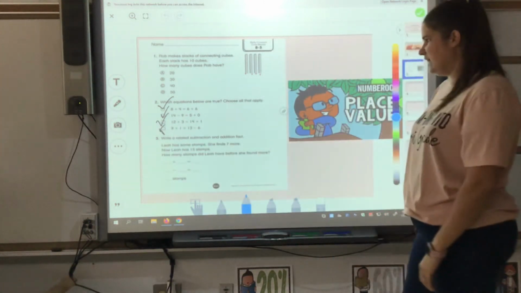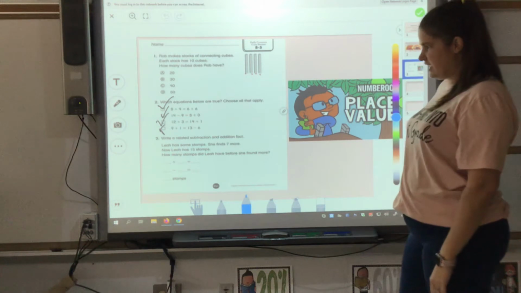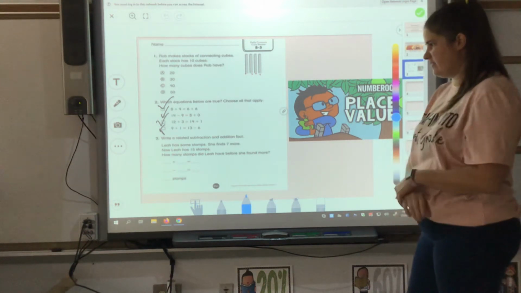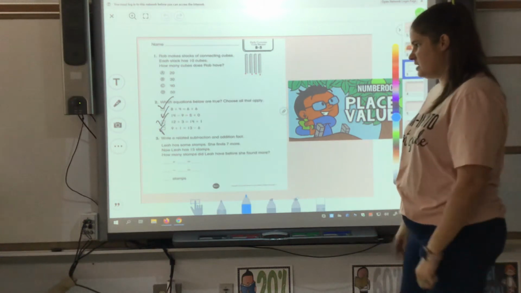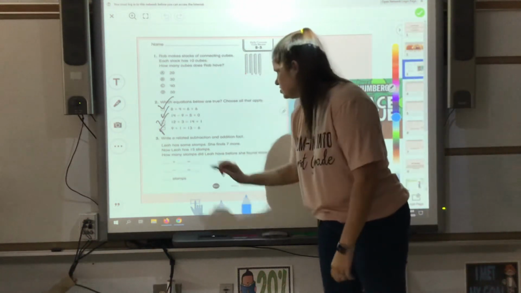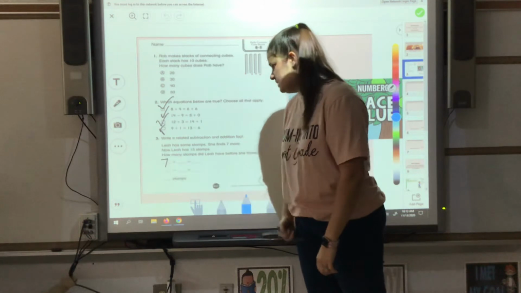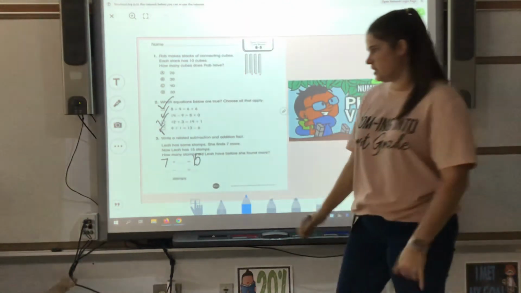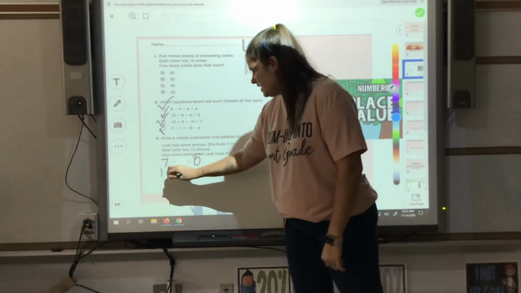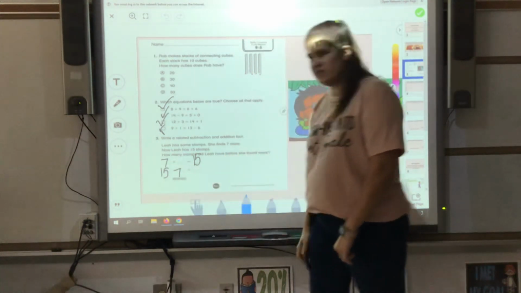Our last one, write a related subtraction and addition fact. Leah has some stamps. She finds 7 more. Now she has 15. So she has 7. And she has 15 total. But also, we need 15 minus 7 to figure out our answer.